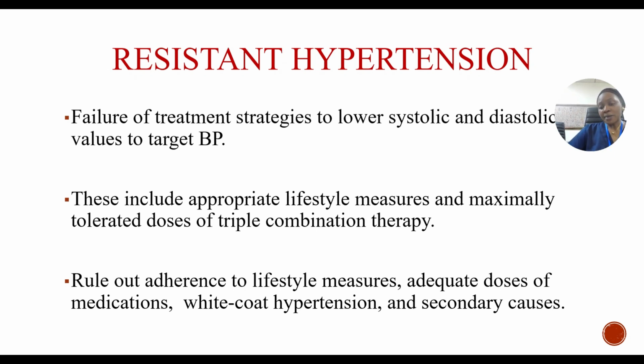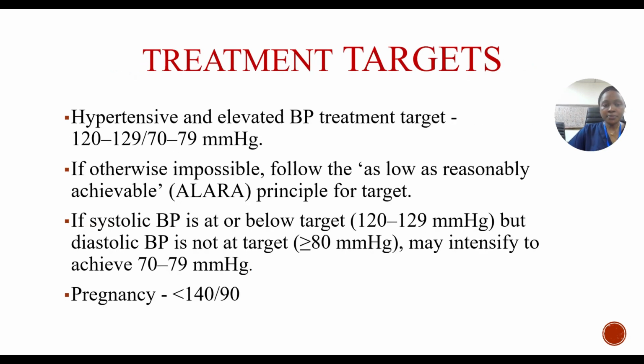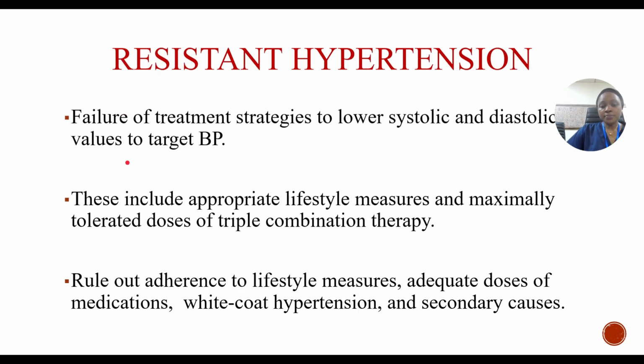Do they have white coat hypertension, or are there secondary causes of hypertension like primary aldosteronism or obstructive sleep apnea we might have missed? The possibility of white coat hypertension is also why, when patients have hypertension, it's important to ensure that they continue to take home blood pressure measurements so you can compare this to the clinic measurements. When a patient has resistant hypertension, if you suspect secondary causes, they can be referred to the right specialists, like endocrinologists, for instance.